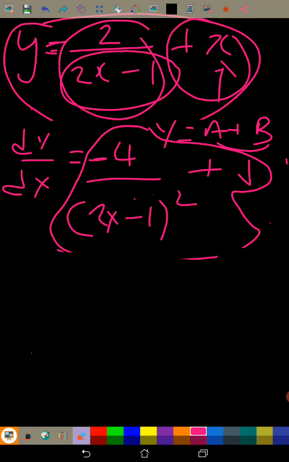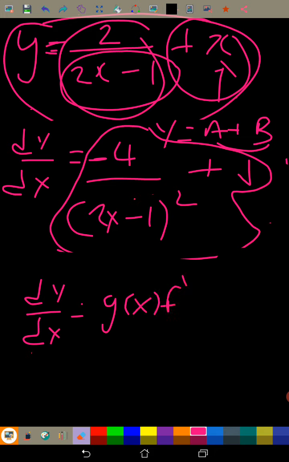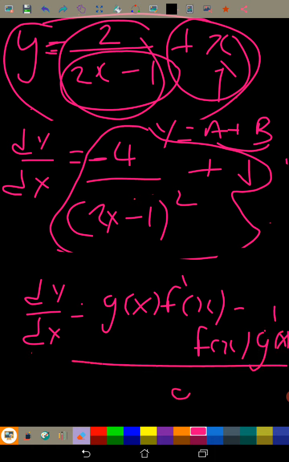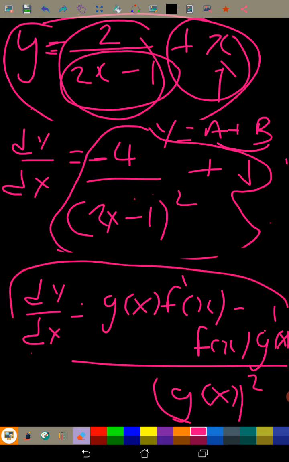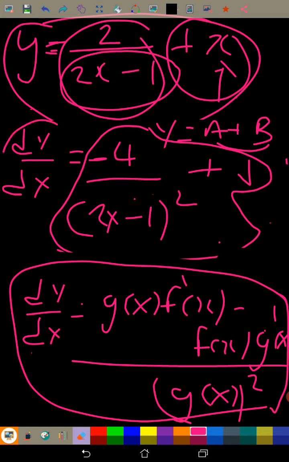So you know that dy by dx is going to be g(x) times f'(x) minus f(x) times g'(x), divided by g(x) squared. So this is a very long process. Just break it in two, do this and that, you get the derivative, and after that you carry on.